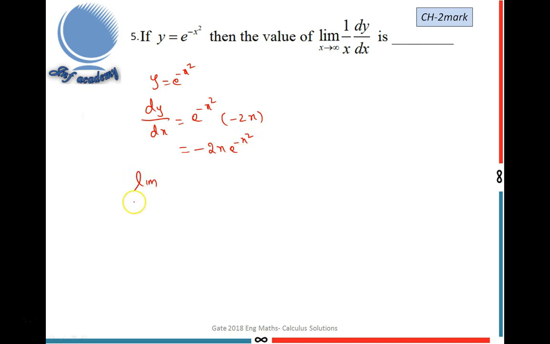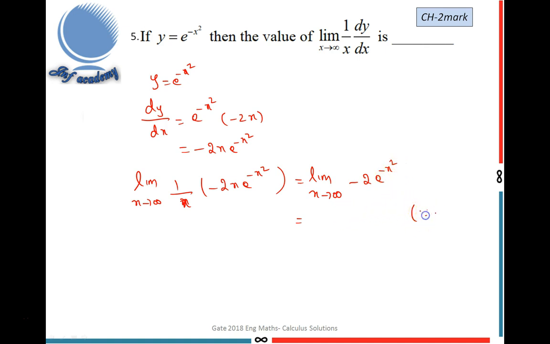You have to find the limit as x tends to infinity of 1 by x dy by dx. What is the value of dy by dx? Minus 2x e power minus x square. Here x cancels, so the limit as x tends to infinity of minus 2 e power minus x square. Now I substitute the limit value infinity, giving e power minus infinity.